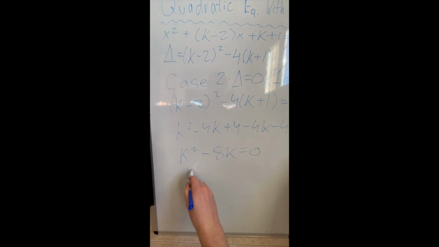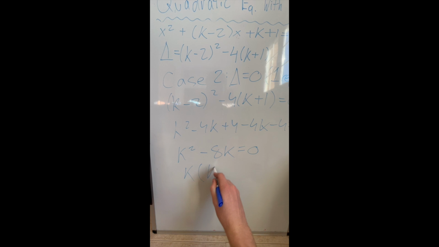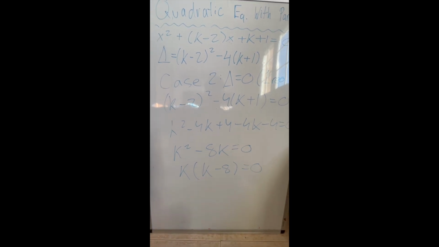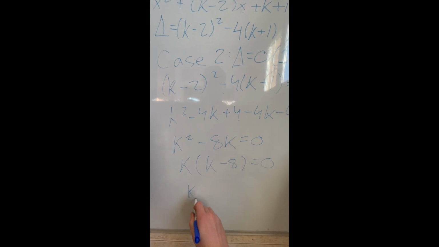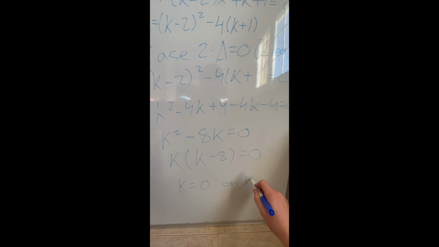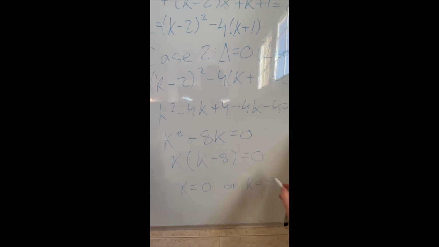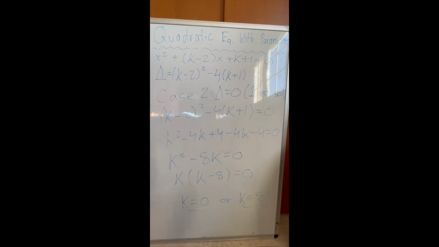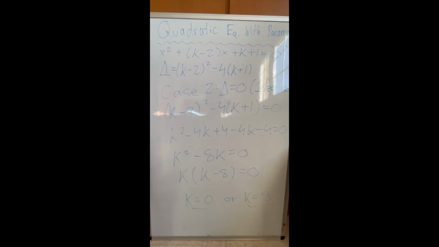So k, as we had before, times (k minus 8) is equal to 0. And then this gives us that k is either equal to 0 or k is equal to 8. So, for these two values of k, the equation will give only one solution.